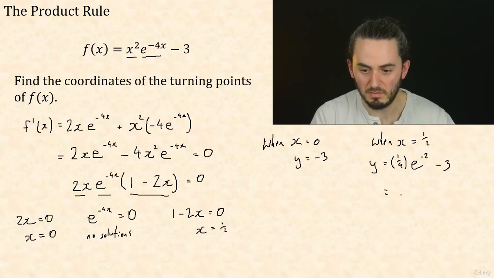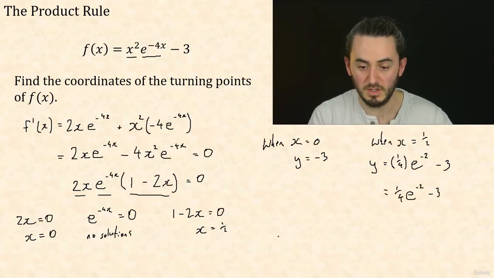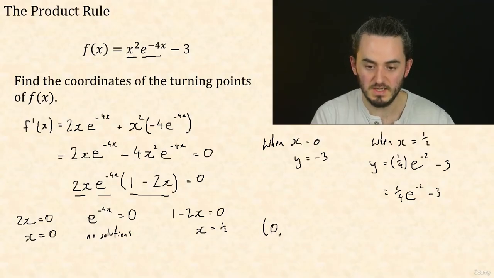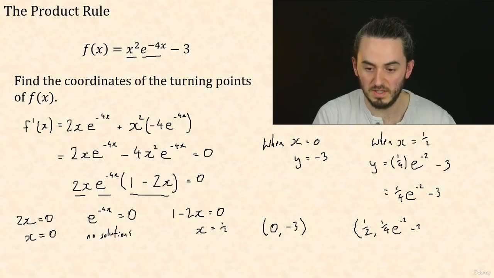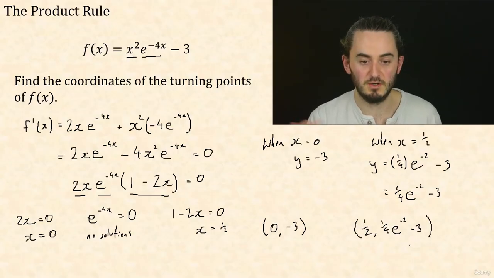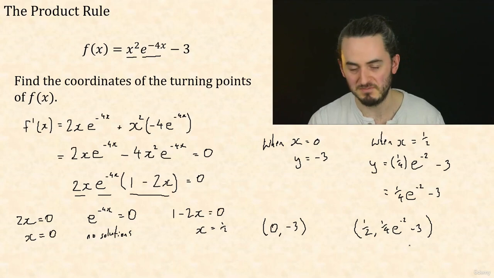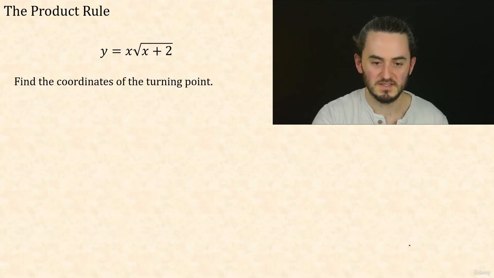So it's just 1/4 e to the minus 2 minus 3. So my coordinates are 0, minus 3, and 1/2, 1/4 e to the minus 2 minus 3. So we found the coordinates of the turning points of a function that was a product of two other functions.